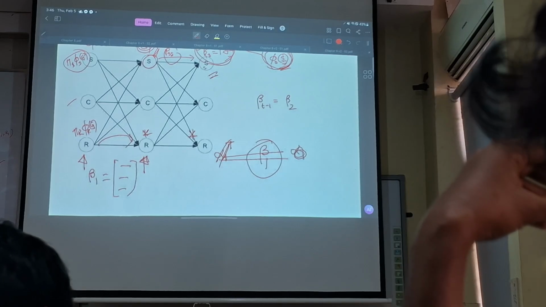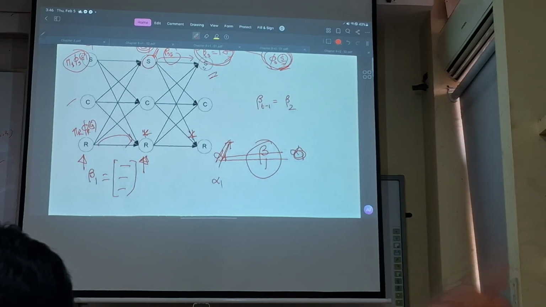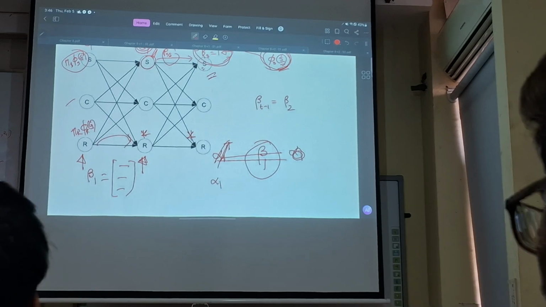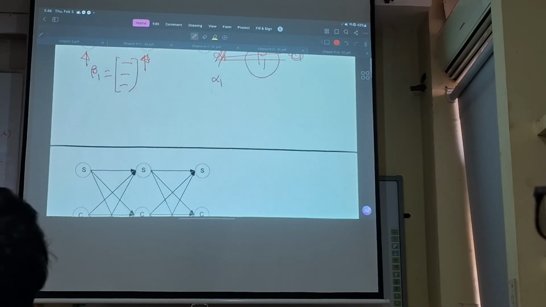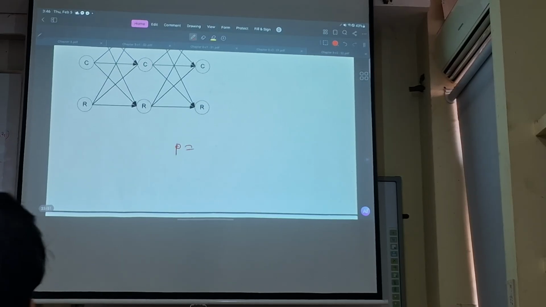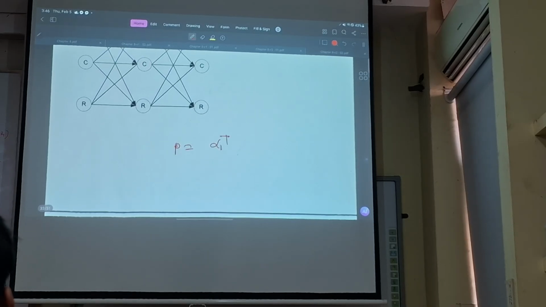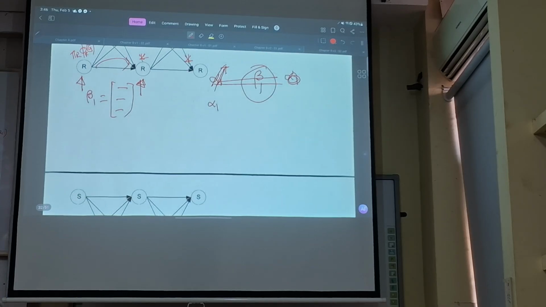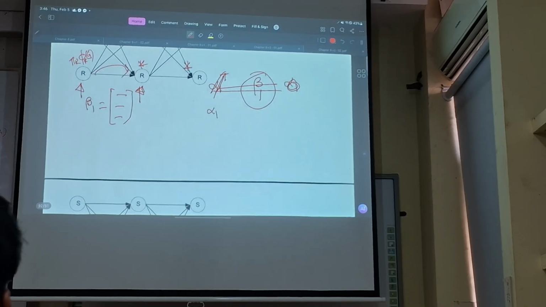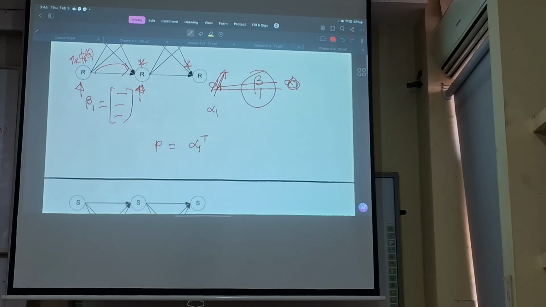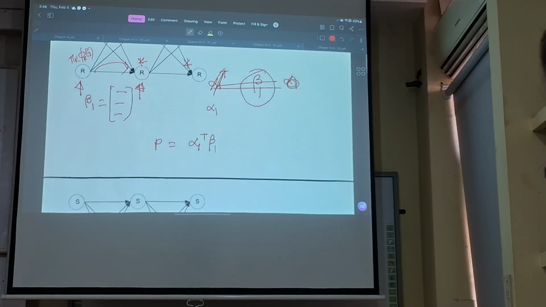This one is a vector that we already have from the forward step. Then the final probability will be found in a single step, that is p equal to alpha 1 transpose and beta 1. Then this will give you the sum of all the probabilities. The final termination step will be the probability p equal to alpha 1 transpose and beta 1.